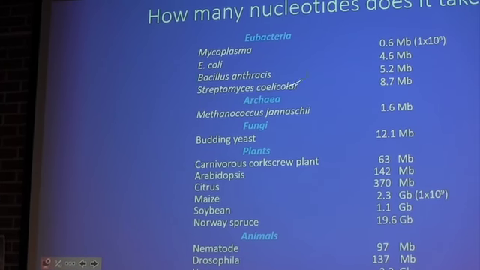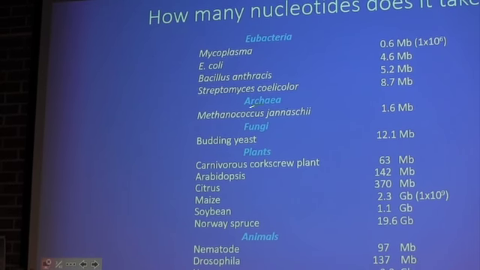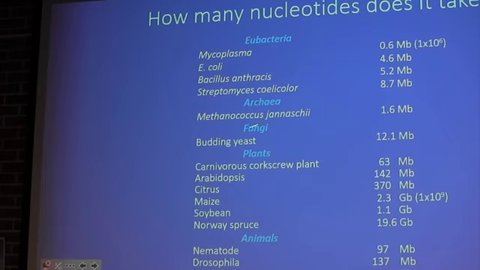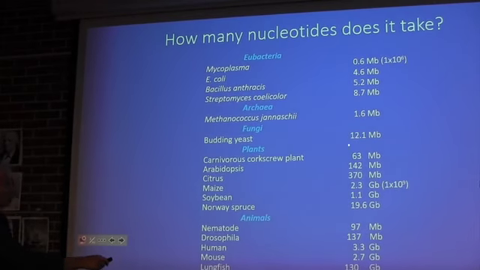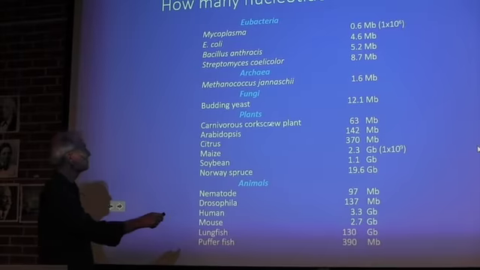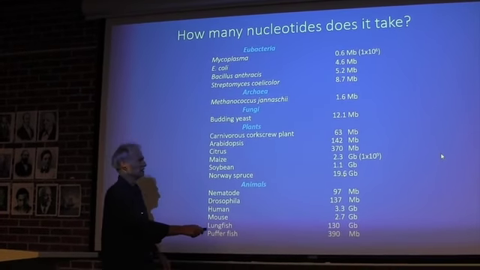So you see the eubacteria, several million, archaea, not so much, but it's a wide range. Budding yeast, 12 million. Plants, you go all the way from 63 to giga.